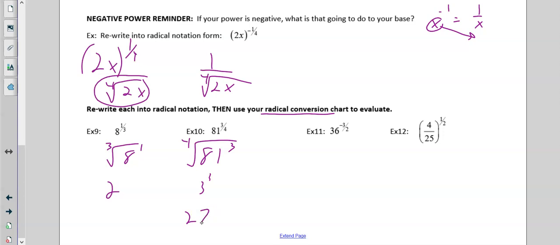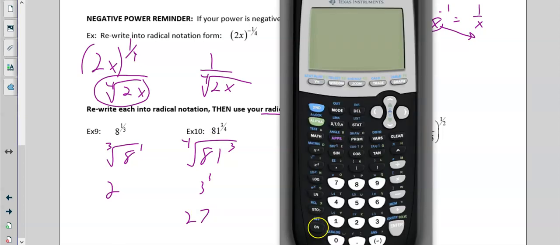Again, I could have done it the other way, okay? I could have done 81 cubed. So 81 to the 3rd power, okay? And then found the 4th root of that. But that is harder to do using the chart because it would take a while to break this down.